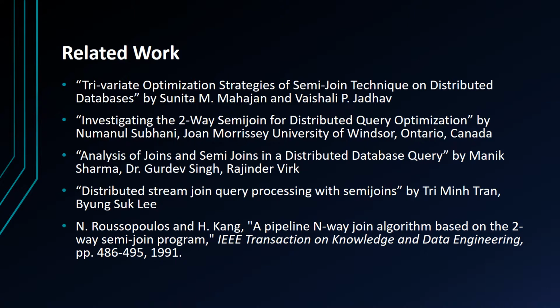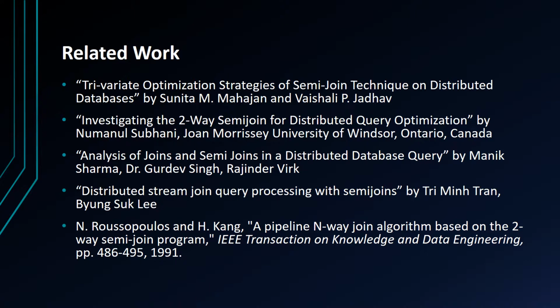Then we come to two-way semi-joins. There is a nice paper, the second paper by Numanul Subhani and Joan Morrissey, who have done good work in comparing performance between two-way semi-joins and two separate semi-joins. So this is a good work.